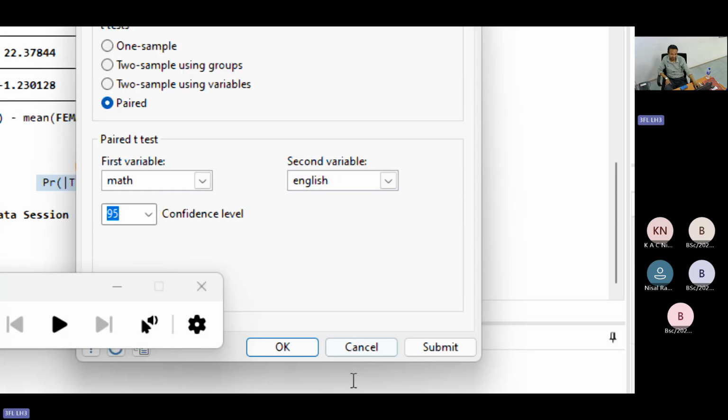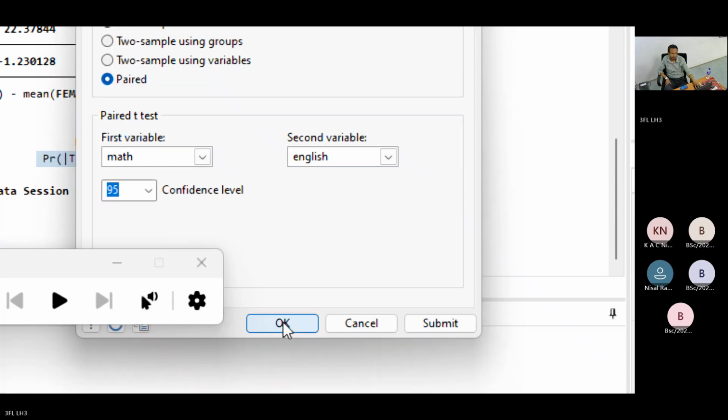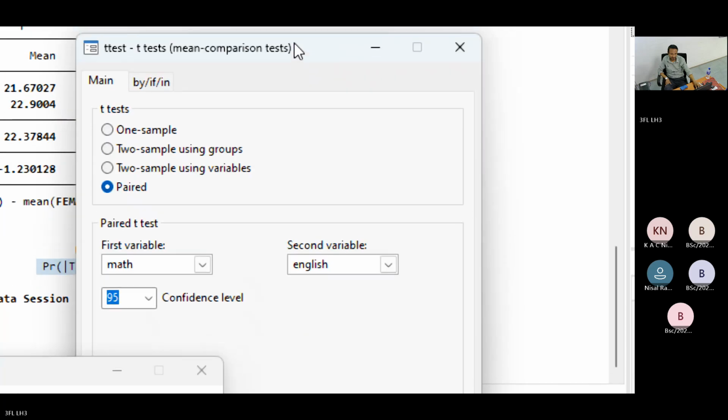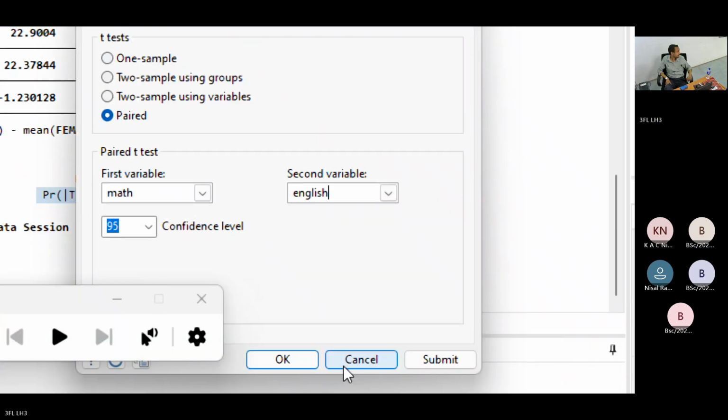That's it. We have mathematics marks and English marks. No issue. And press OK.